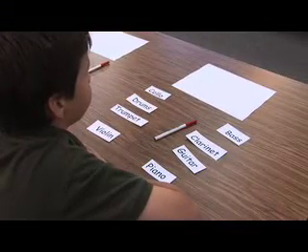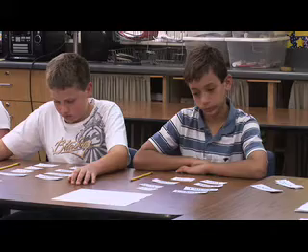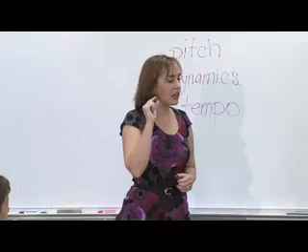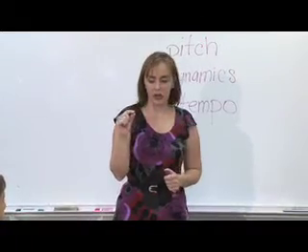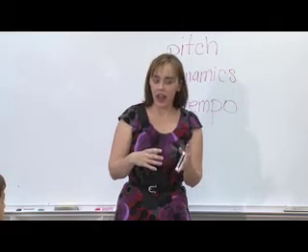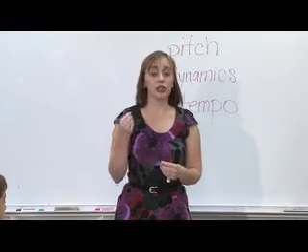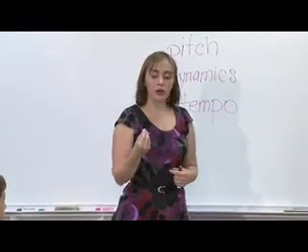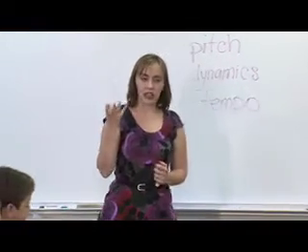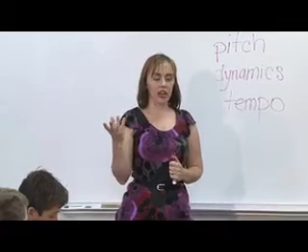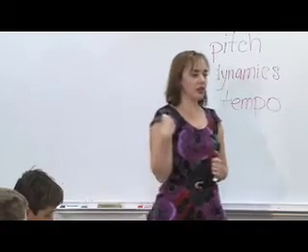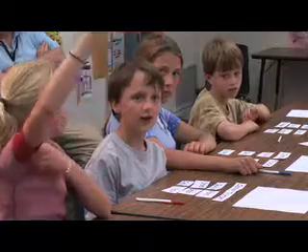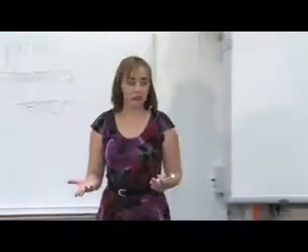Okay? Now in front of you, you can see that you have 8 different pieces of paper that are the names of 8 different instruments. We're going to listen to short clips of each instrument. And then later I'm going to challenge you to tell me which instruments you hear when I play another piece of music for you. So let's start off with the string section in the orchestra. Can anyone name some instruments that are in the string section? Guitar. Guitar is one of them. A cello.